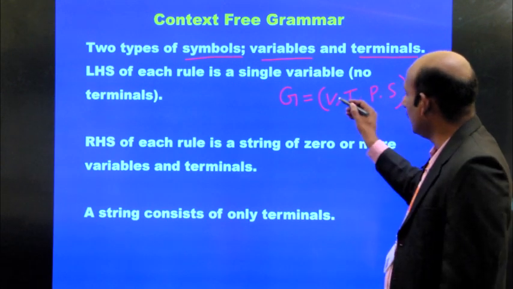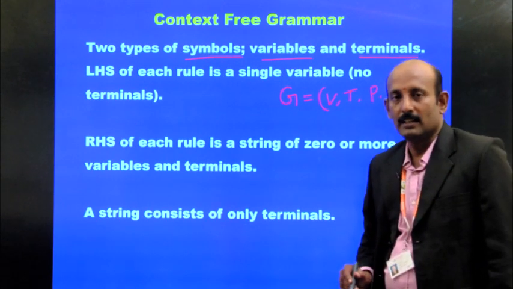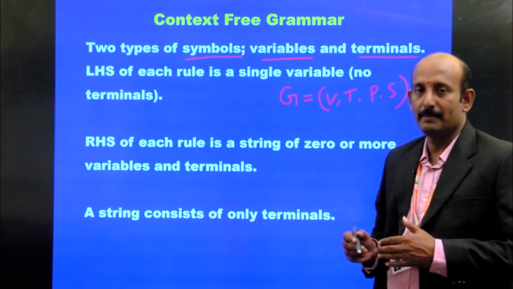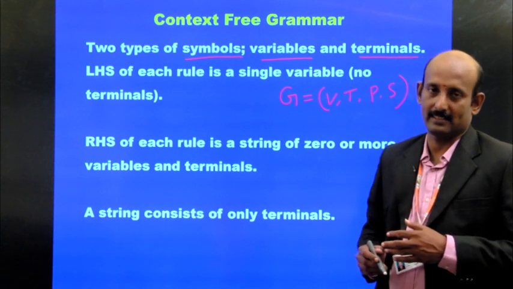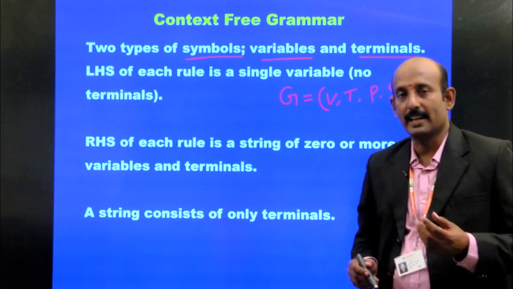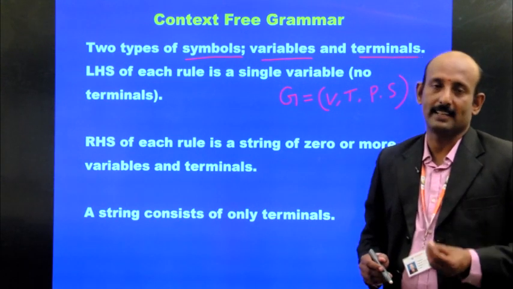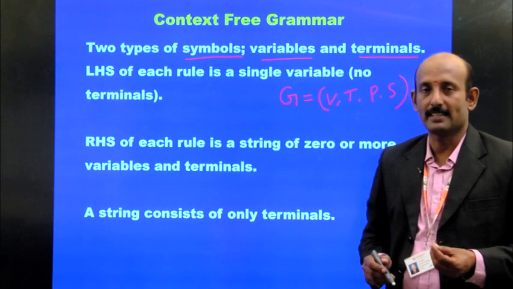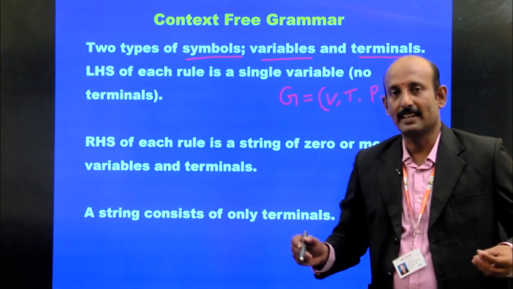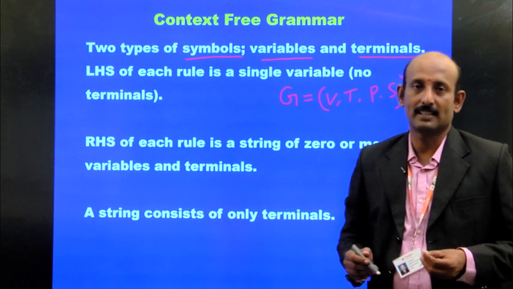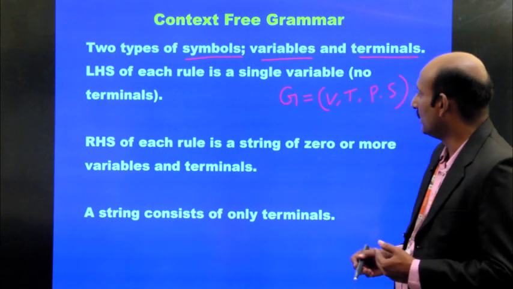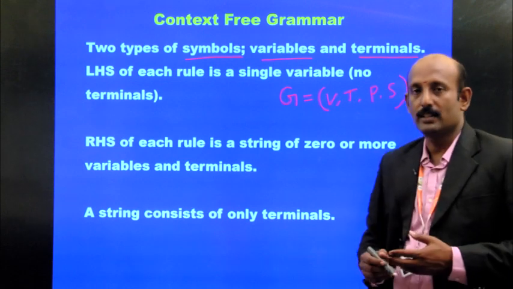Variables are always uppercase letters. Terminals are always lowercase letters a to z, arithmetic operators, and special characters; all of these we call terminal symbols. P stands for the production rules, and S stands for the start symbol.